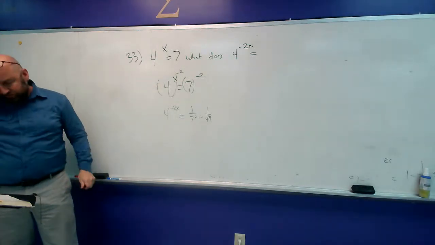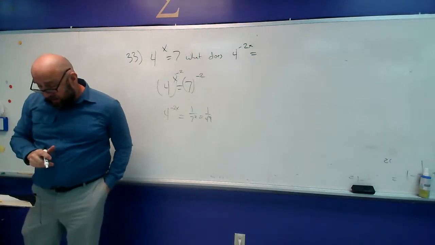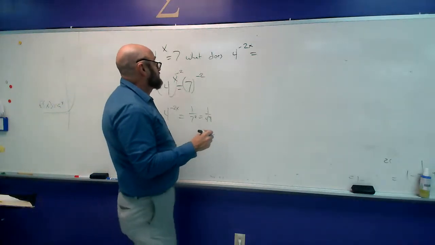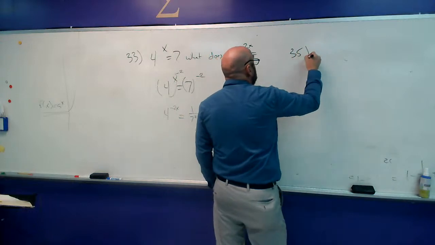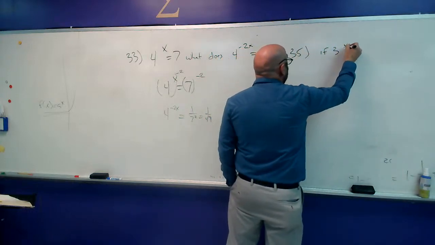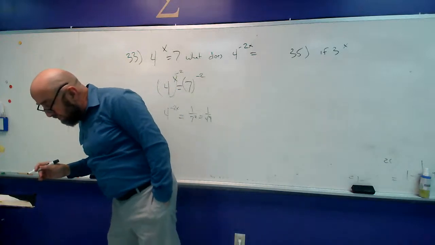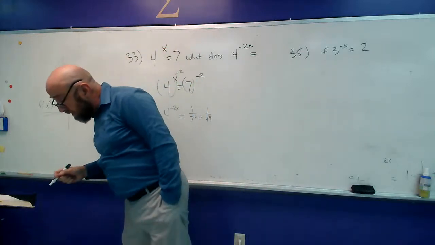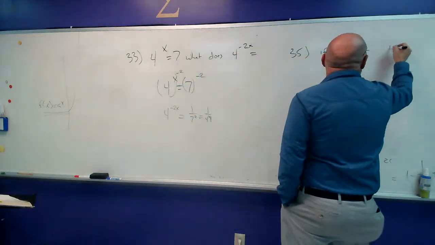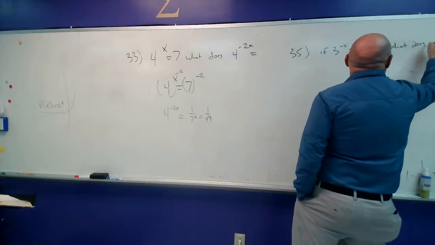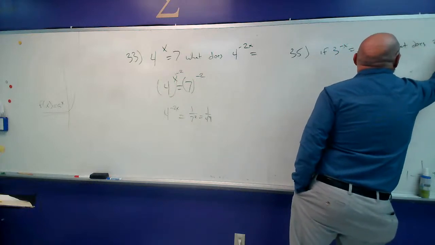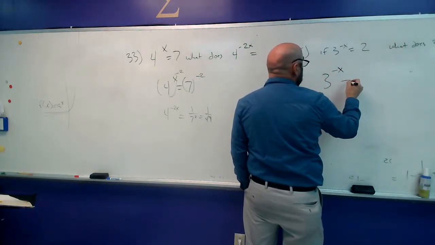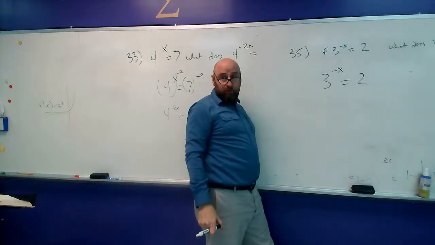So let's try another one. Let's try 35. 3 to the negative x equals 2. What does 3 to the 2x equal? So how are we going to take 3 to the negative x and how are we going to get that to be 3 to the 2x?